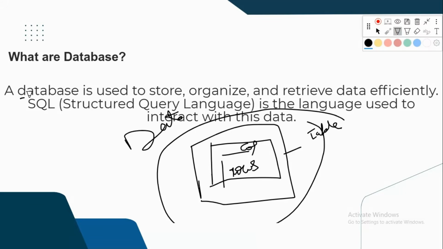A database is used to store data and information in an organized manner, in rows and columns, and you can retrieve the data efficiently whenever you want. SQL is the language used to interact with this data. So we are using SQL to interact with this data.